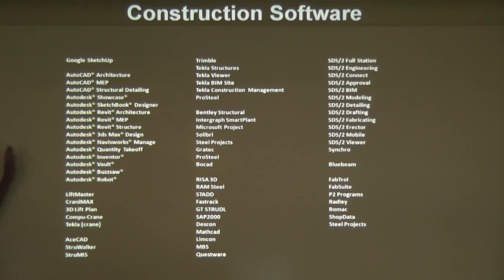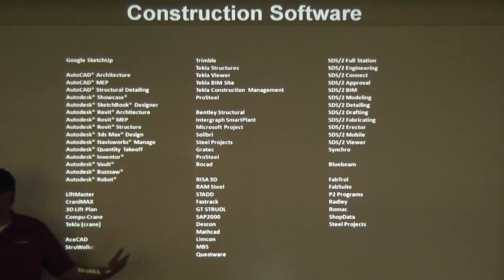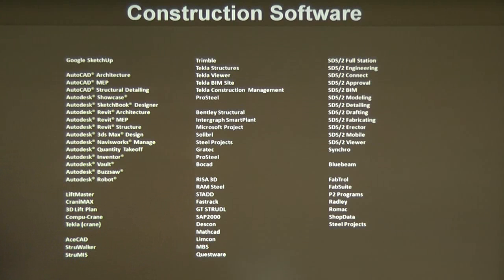This is basically all the software that we have showed that either has to communicate in some way or another. Most of them do because Autodesk shares with Autodesk really well. SDS2 does a really good job at bringing in RAM and Bentley models, those types of things. So I just wanted to show you how many softwares are out there.